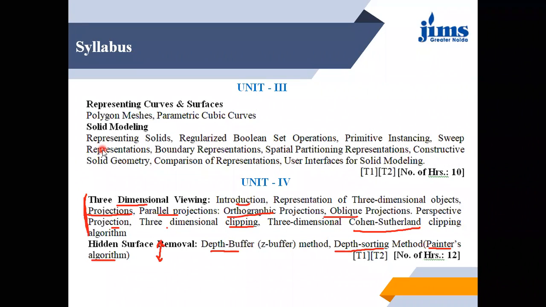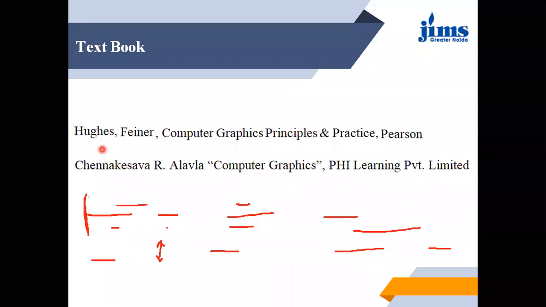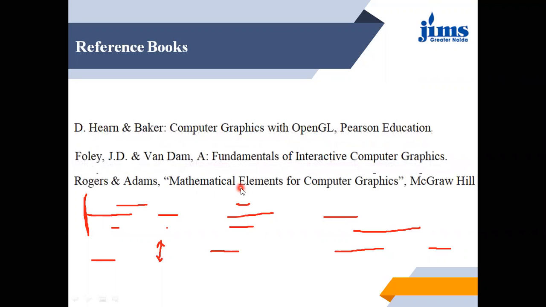The book that we will refer to here is Computer Graphics Principles and Practice by Pearson. And Baker is the reference book that we will follow. This is also Pearson Education.